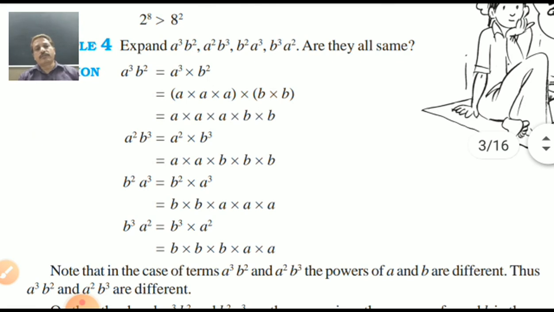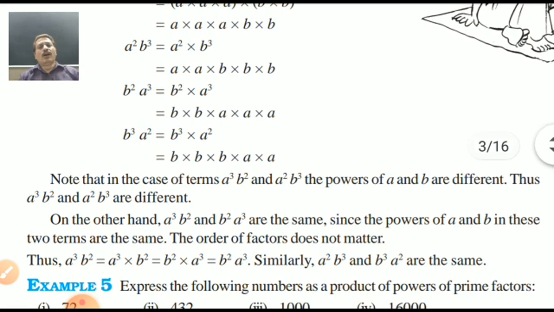B raised to 3 is b into b into b into a into a. Note that in the case of the terms a raised to 3 b raised to 2 and a squared b cubed, the powers of a and b are different. Thus, a cubed b squared and a squared b cubed are not the same. On the other hand, a cubed b squared is equal to b squared a cubed. Both are the same.